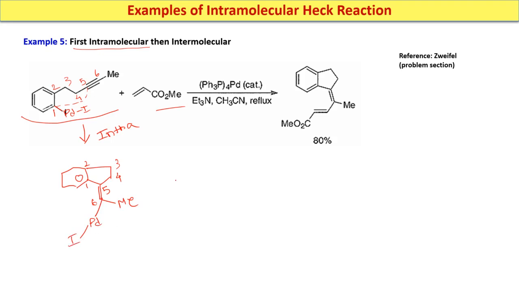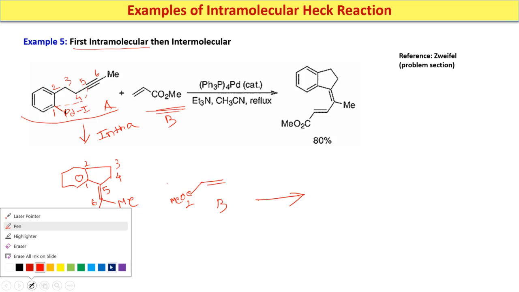Now this will react further with this CO2Me attached to this alkene, that means this substrate. So suppose this is A, and this is B. Now A has already reacted within itself, and now it is reacting with B. So what will be the product here?